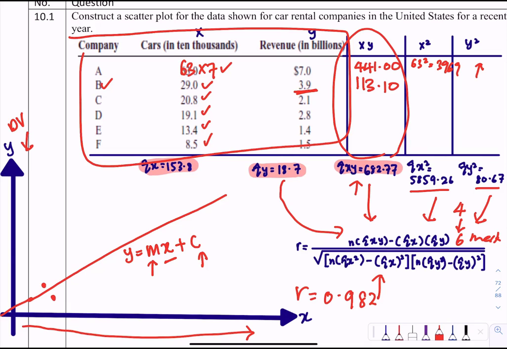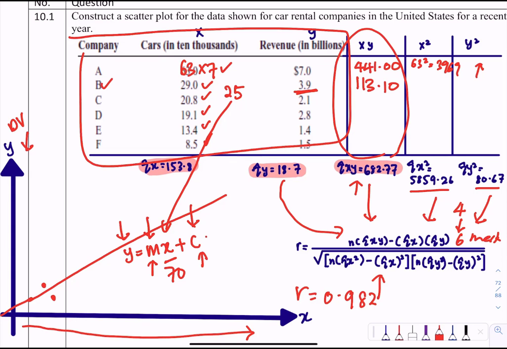Macam mana kita nak predict? Just insert a certain value here, 70. Then of course you have the M, you have the C. Then you can predict the Y. You can come out with the prediction of the revenue if we have 70,000 cars. Ataupun kalau kita nak predict between, contohnya 20 to 29, kita nak predict 25,000 cars, then what is the revenue? Jadi kita boleh insert the value of 25 to the equation, then we can have the answer.